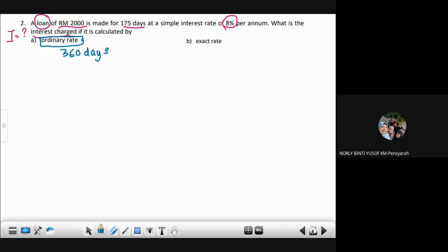But for exact rate is tahun yang bukan biasalah, you ada tahun ganjil dan tahun genap kan. So depends on your month of February kan. So 365 days. That is exact rate.